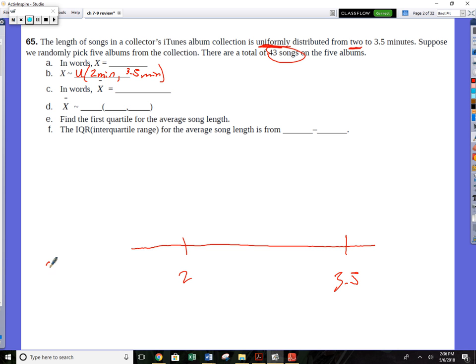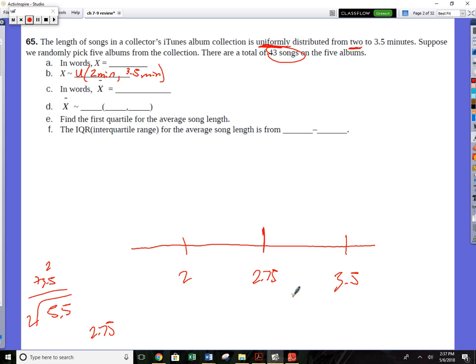You just add them up: 2 plus 3.5 is 5.5. Divide that by 2, and you get 2.75. So the average song is 2.75.